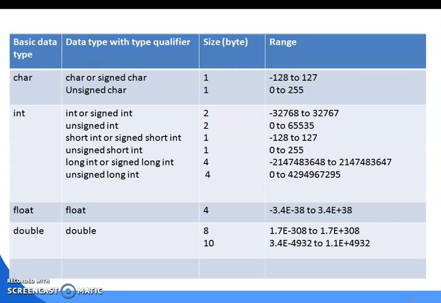For integer it is 2 bytes. Within integer there is int or signed int 2 bytes, unsigned int 2 bytes, short int, unsigned short int, long int or signed long int 4 bytes, and unsigned long int 4 bytes. Similarly, float has 4 bytes size and double has 8 or 10 bytes size. And these are the ranges on the right side of the table.